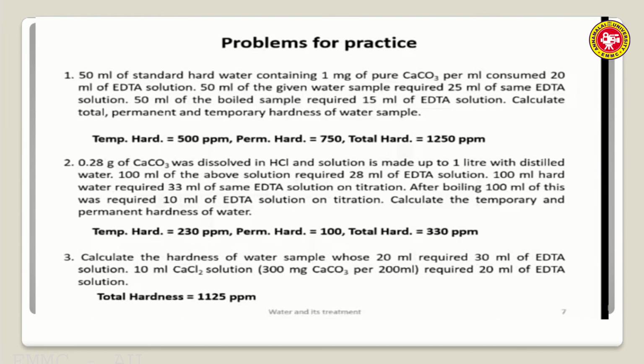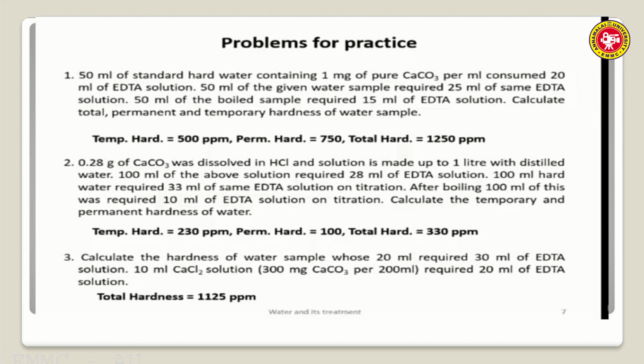See, I have given 3 problems. Okay, let us take one problem and discuss. 50 ml of standard hard water containing 1 milligram of pure calcium carbonate per ml consumed 20 ml of EDTA solution. See here, standard hard water, first set of titration.